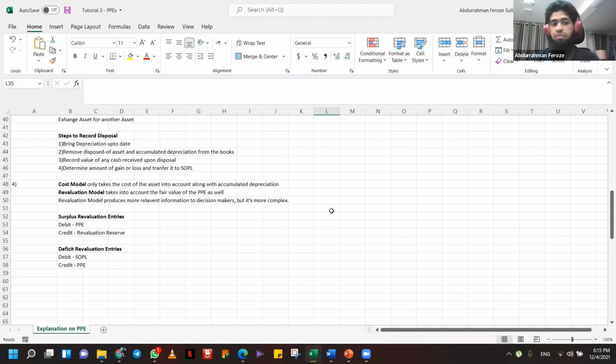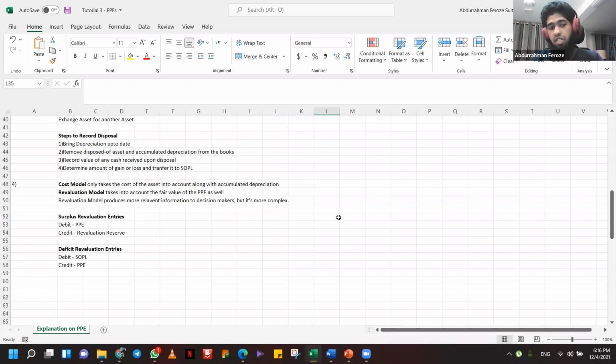It could change. So the revaluation model takes into account the market value of the asset, and every few years the company will check the market value and make changes. So the revaluation model, especially with regards to land, produces relevant information for decision makers. So it's a useful way of checking the accounting for the PPE, right?